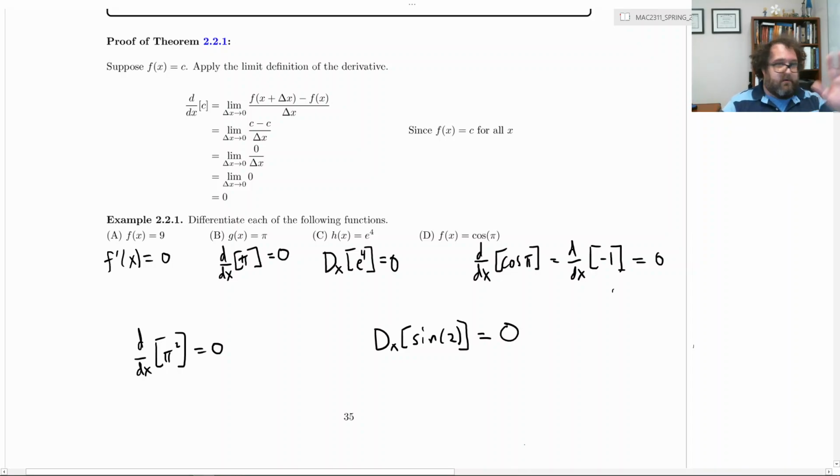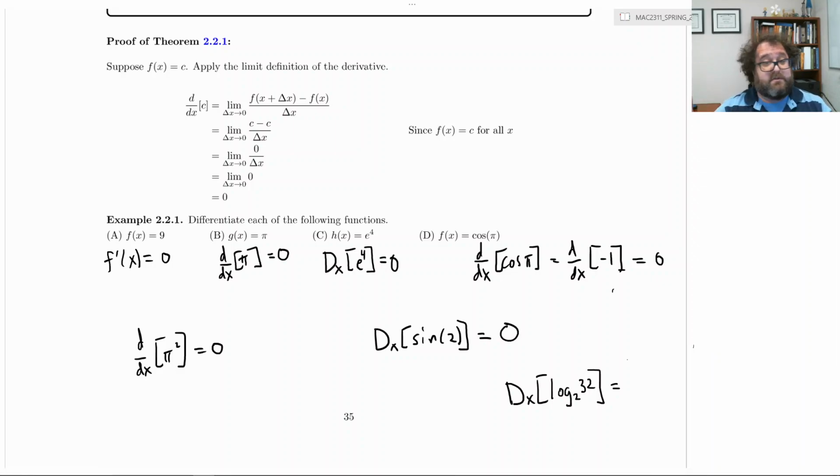Here, I'll do one more, and then we'll wrap up for this video. What about the derivative with respect to x of, let's get some practice with logarithms, log base 2 of 32? Now, I'm going to be real with you. A lot of students see logarithms and freak out, and lots of students struggle with logarithms and miss a lot of points in calculus because they don't know how to deal with them. So here's a good example. Log base 2 of 32.